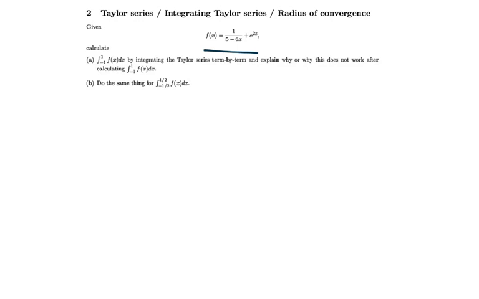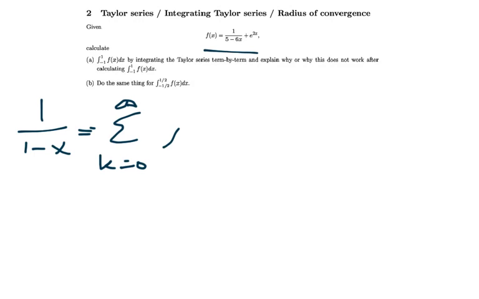So for example, we know that the function 1 over 1 minus x is equal to the sum from k equals 0 to infinity of x to the k, right?